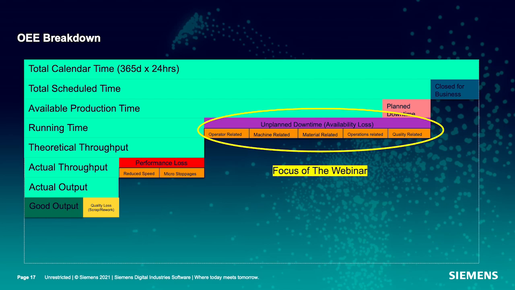As mentioned earlier, unplanned downtime constitutes operator assists, machine issues, material shortages, quality and operations related issues, and in some cases, the unplanned downtime could be 50% or greater of your total running time, especially so in a high mix, low volume environment where the line is waiting on the offline setup area to complete setups.